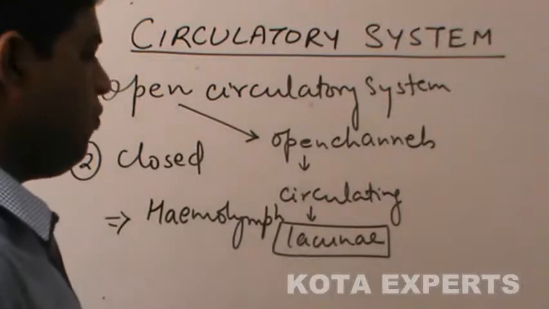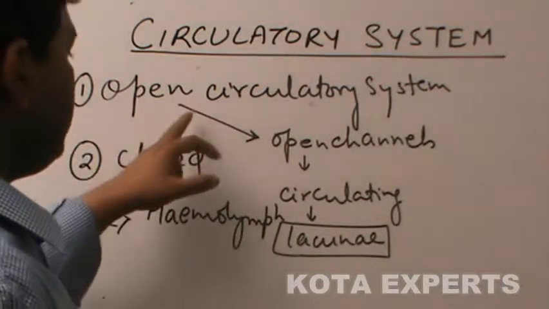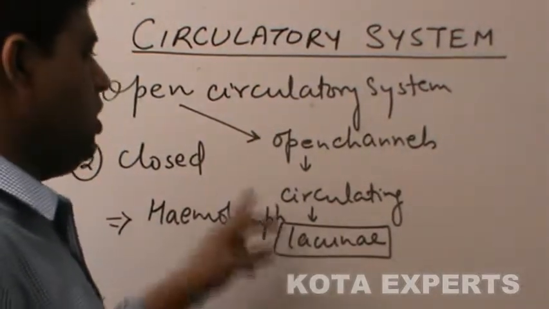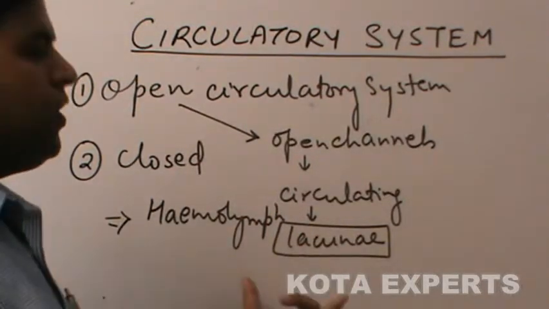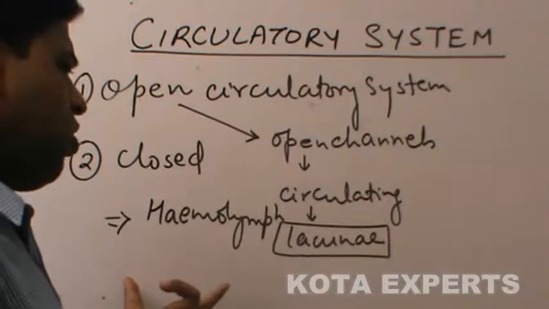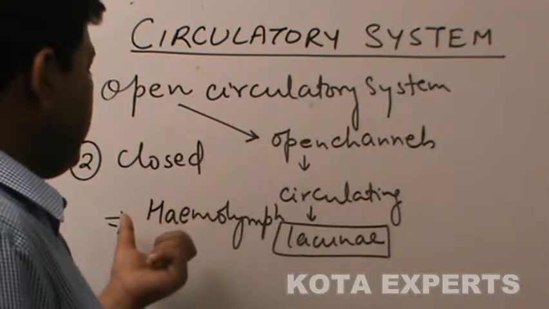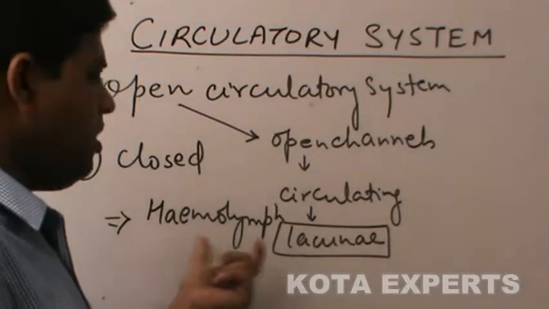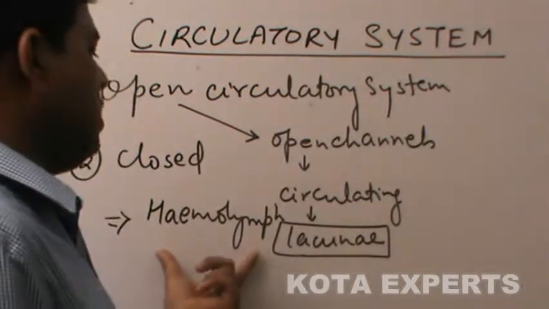The open circulatory system comprises open channels called lacunae, in which this circulating fluid, hemolymph, flows. Why is it called hemolymph? Because the heme, that is blood, and the lymph are mixed.